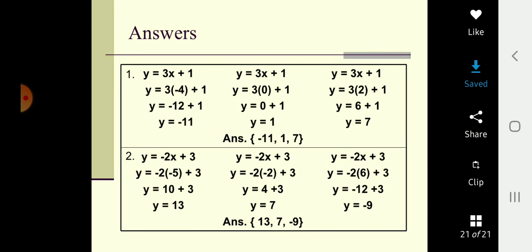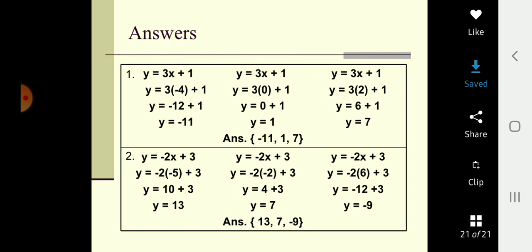So y equals 3x plus 1, y equals 3 times negative 4 plus 1. 3 times negative 4 equals negative 12, plus 1 equals negative 11. Then y equals 3 times 0 plus 1, 3 times 0 is 0, plus 1 equals 1.